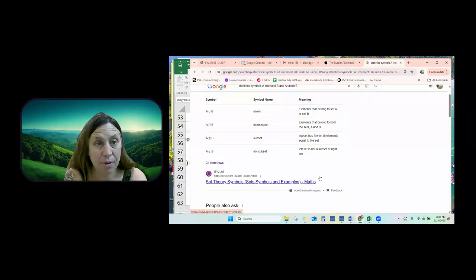That's the U, the symmetrical U. Intersect is when it's A and B, and that will be multiplied. I don't see these symbols in the book, but you will sometimes see them, so it's nice to know them. A union B is A or B. Intersection is the upside down one, A and B at the same time.